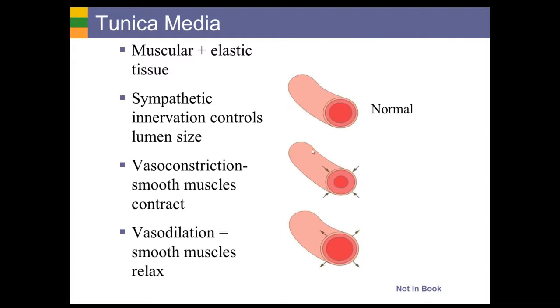To understand how smooth muscle allows for vasoconstriction and dilation, I want you to imagine that you and your classmates are standing in a circle holding hands. We're the smooth muscle cells, representing the wall of the blood vessel, the artery, and the middle of the circle would be the lumen.